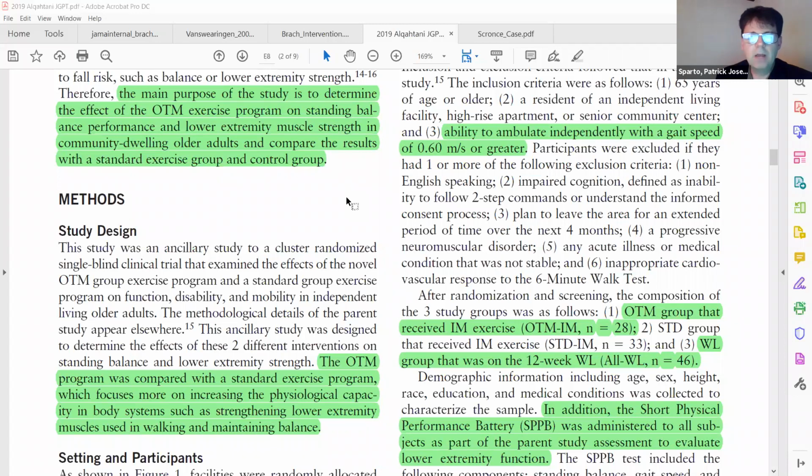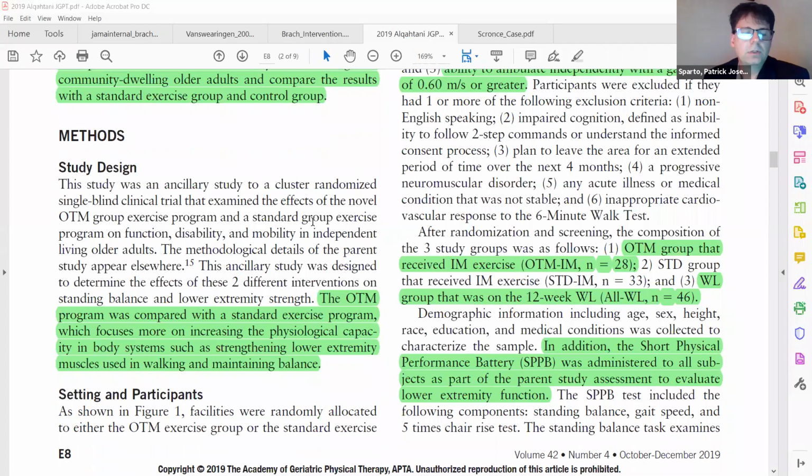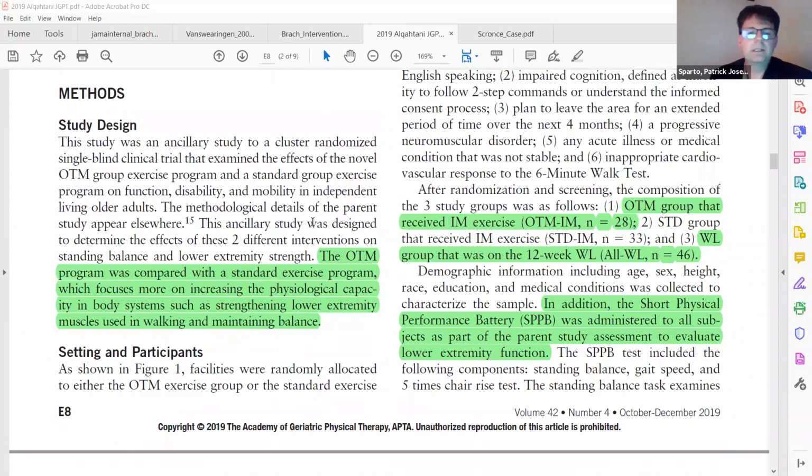and describe how we did this. So first off, looking at the study design, we really need to talk about the study design for the parent study, because this subset came from that.